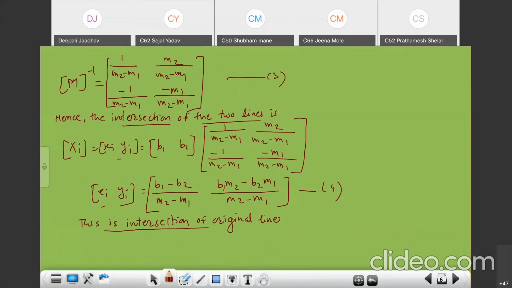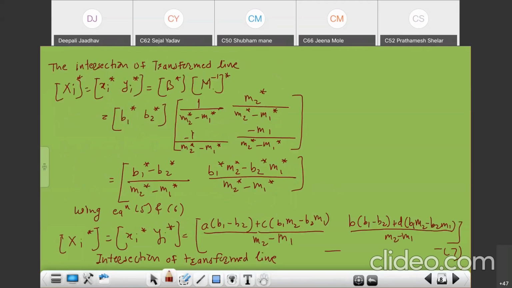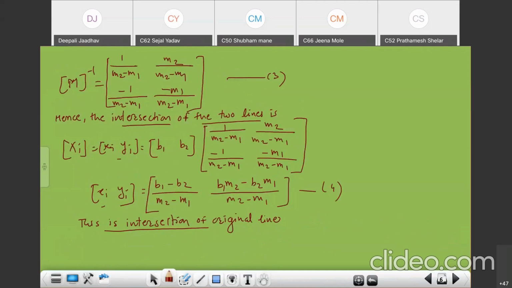Have you understood? Here we get the intersection of the transformed line directly, and previously we calculated the intersection of the original line.